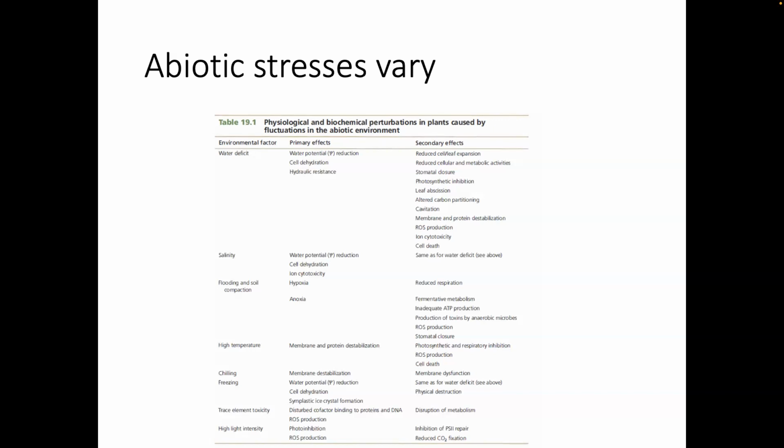Fermentation is bad. You produce very little energy. You produce lots of harmful substances and so on. And what happens when soil is compacted is the same, because now oxygen cannot penetrate in. That's why sometimes we put perlite into the soil. Perlite lets the air enter easily into the soil.